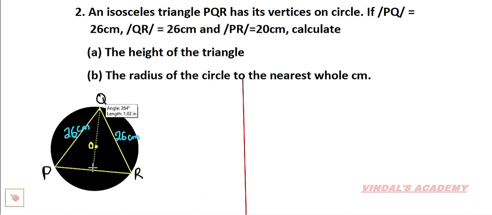The height of my triangle must pass through the center of the circle. Now, for it to pass through the center of the circle, it's going to make angle 90 here. So this place is going to be 10 cm, and this is going to be 10 cm, and this place I'll call it N. So this is a triangle, but there is something else here.